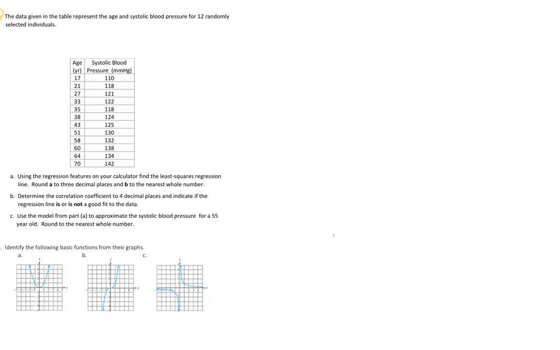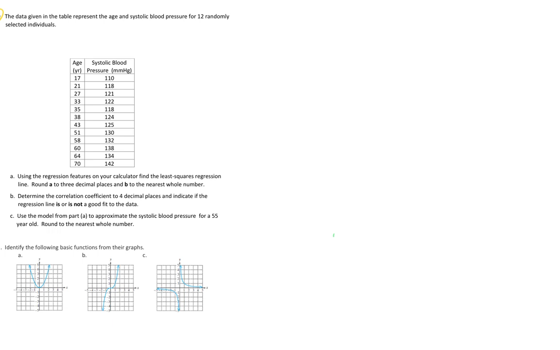Okay, so for number 30, our first step is going to be entering all of this data from this table into our calculator. So we'd go to stat, and then we go to edit, and then we'd enter all this data in, and then after we enter that in, we would go to stat again, calculate, and hit linear regression.